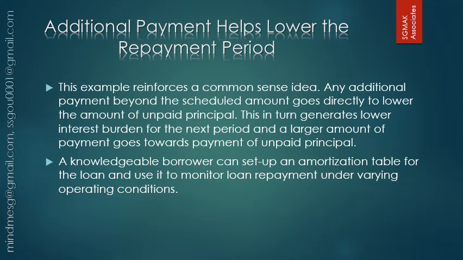So that lowers your principal at the end of the period, and that lowers the interest burden for the next period. So you keep paying more towards the principal and keep lowering your interest burden. And that helps you quickly lower the plan period.